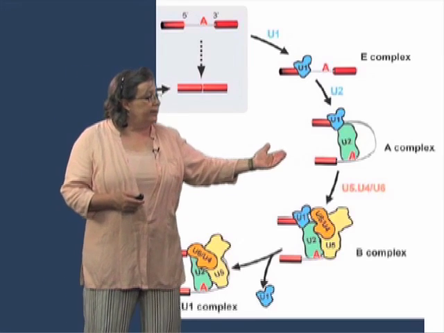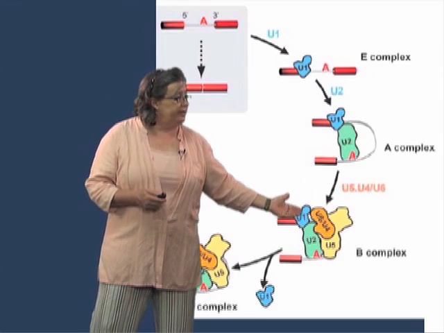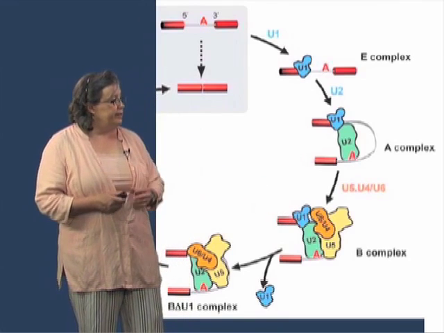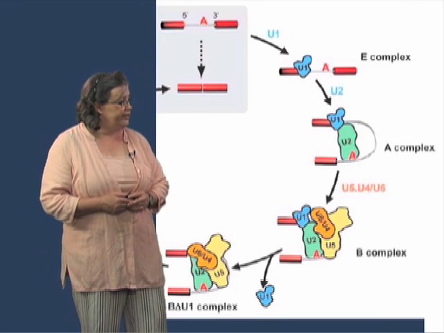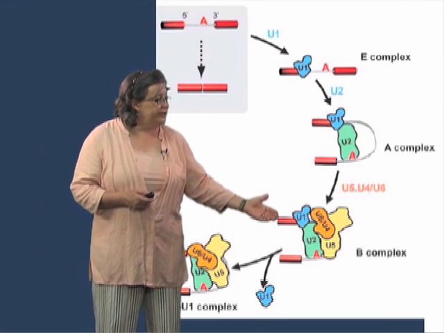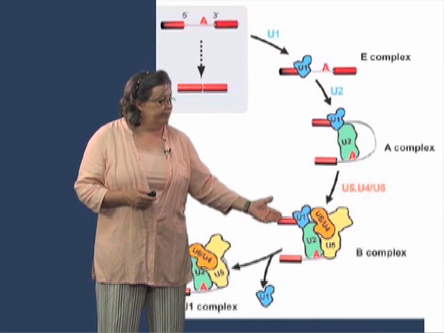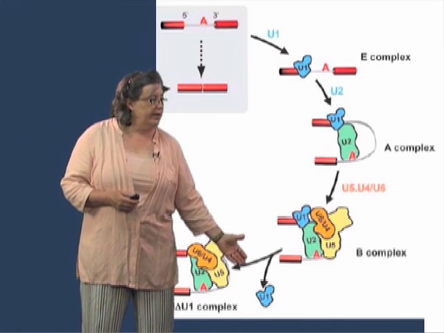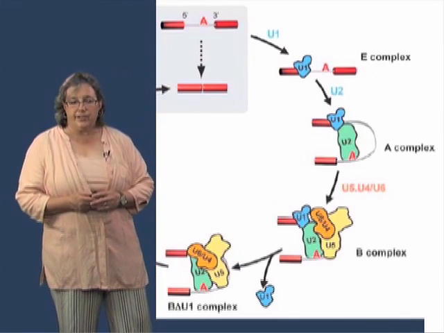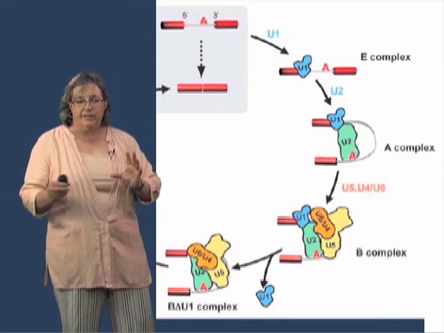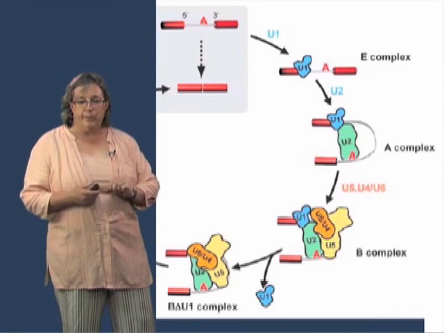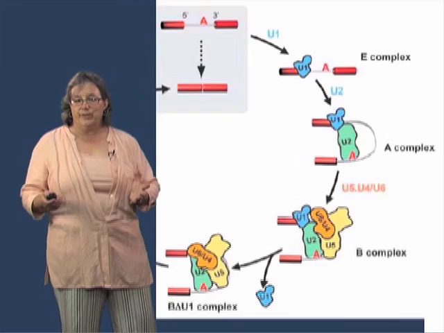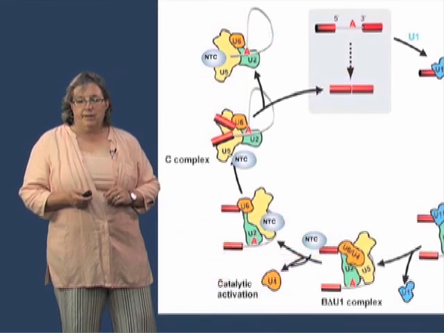Okay. So A complex comes first, and then the next big chunk of the spliceosome that comes in is the triple SNRP, U4/5/6. Once the triple SNRP is there, that we have B complex, then there's a structural rearrangement where U1 SNRP is actually ejected, it's kicked out, and somehow things are majorly rearranged such that now U6 snRNA is interacting with the 5' splice site.